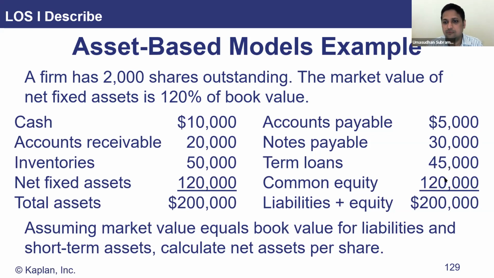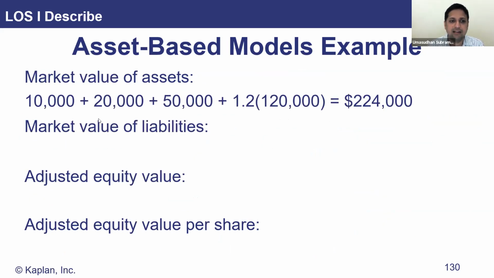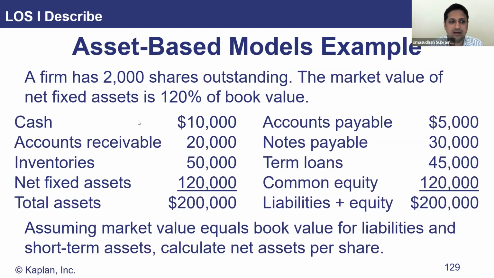In other words, if you don't want to do that, your assets become 224. Your liabilities stay the same, 80,000: 5 plus 30 plus 45 is 80. So 224 minus 80, again 144. That's your common equity. So either way you do it, look at the market value of your assets: 10 plus 20 plus 50, those are cash, accounts receivable, inventories, where the book value and the fair value are one and the same.